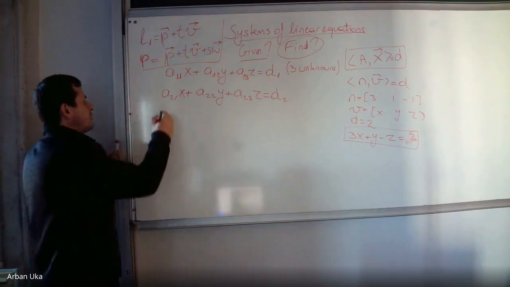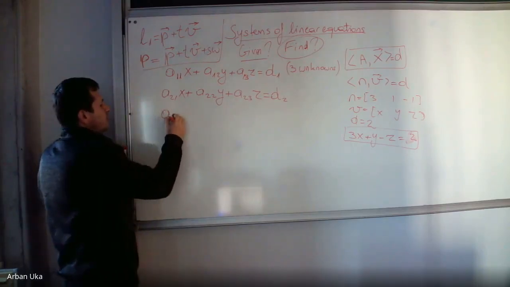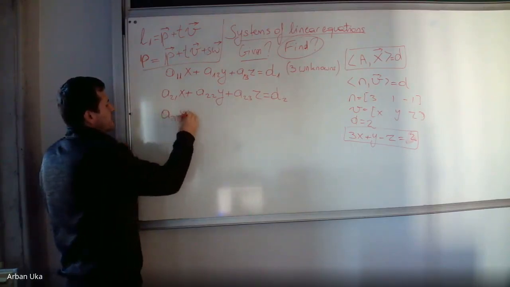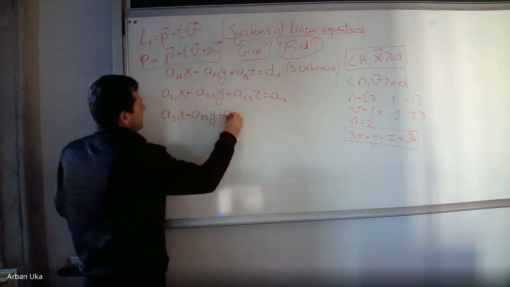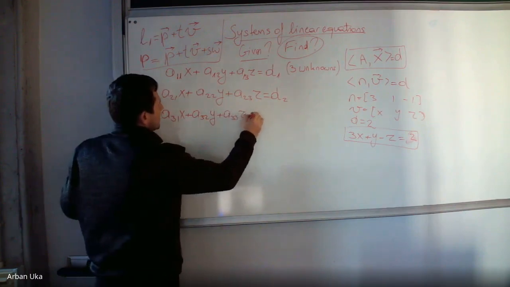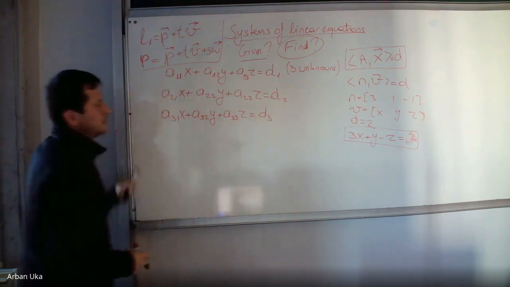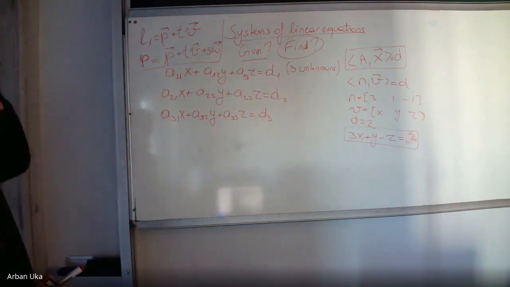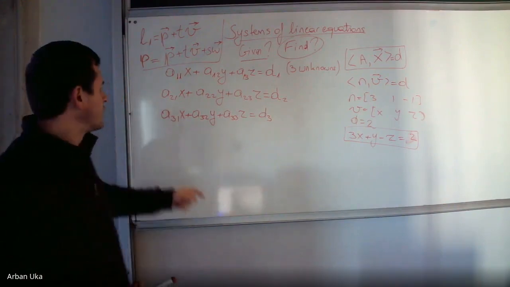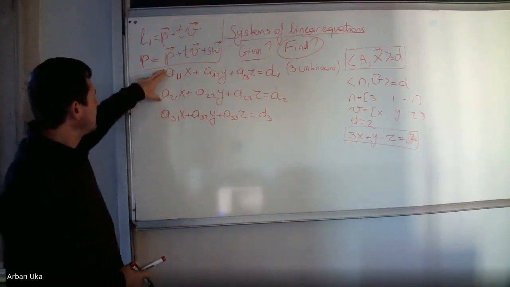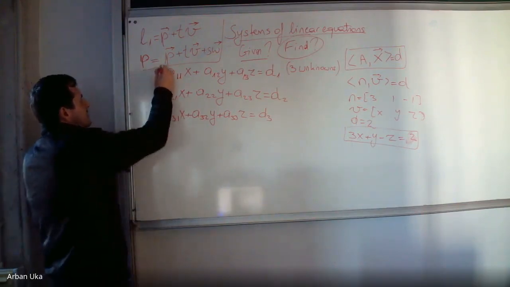Now let's provide a third equation, which can be written as A31x plus A32y plus A33z equals D3. So now I can ask the same question, probably I might get the same answer. What is the intersection of the first two planes here?